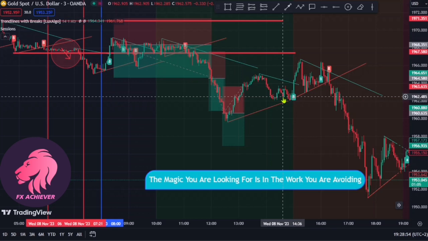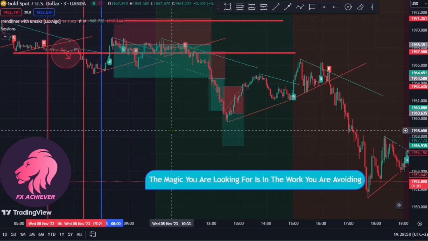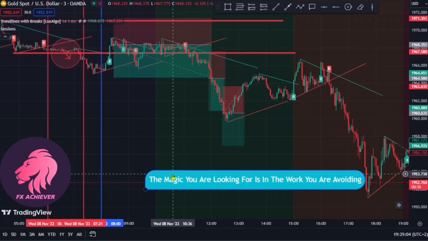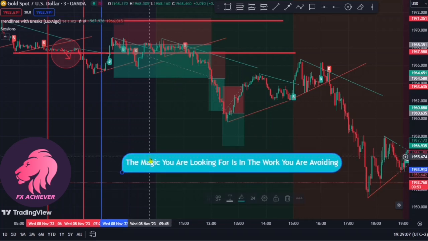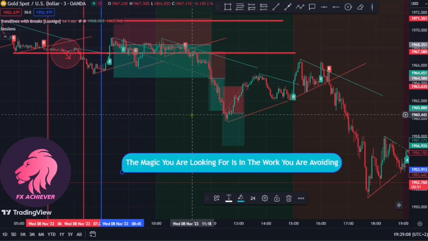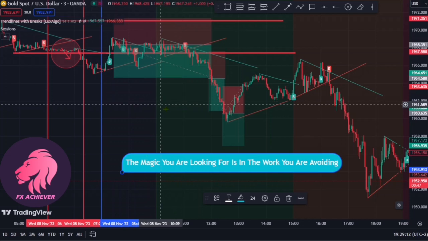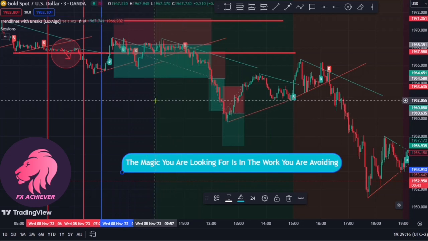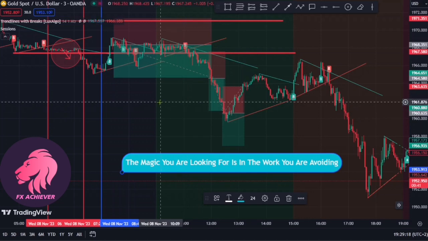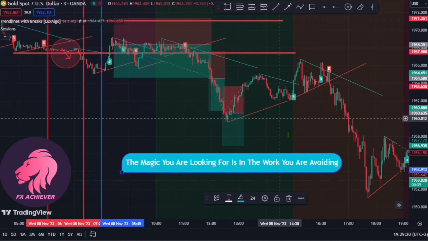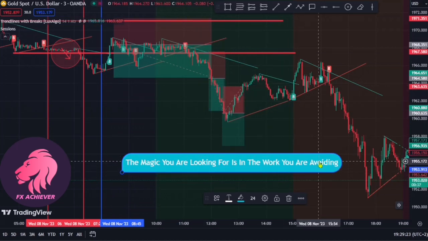It can be time consuming, it can be strenuous, and people don't want to do the hard work. If you give yourself time to analyze the chart and backtest, you will see that trading can actually be easy. You can beat psychology when you decide to do the hard work that you are always avoiding.